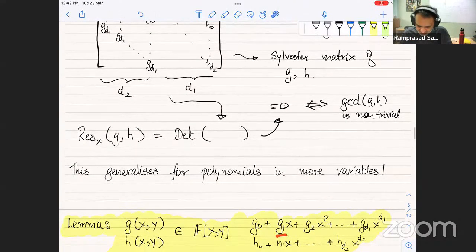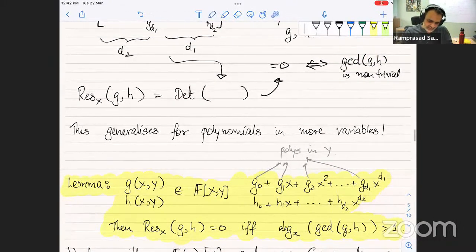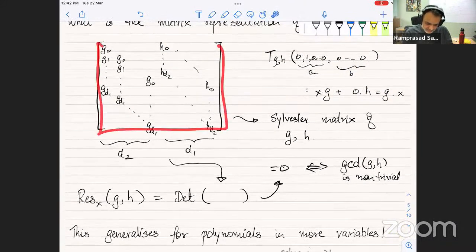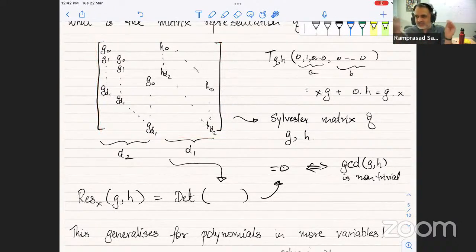Now all of these coefficients are polynomials in Y. And it turns out that if you now look at the resultant of the pair of polynomials, which is going to be a matrix made up of these Y coefficients, and you compute the determinant, this determinant is going to be a suitable polynomial in Y.